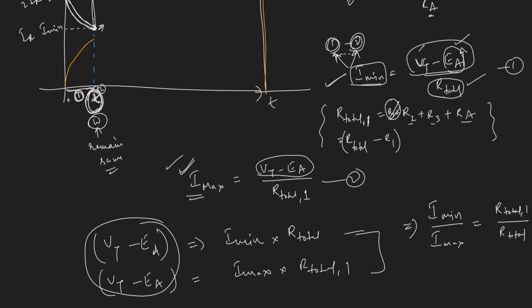So I minimum into R total is equals to I maximum into R total comma 1. So I minimum by I maximum is equals to R total comma 1 by R total, right? Now this relationship I got at time instant t.